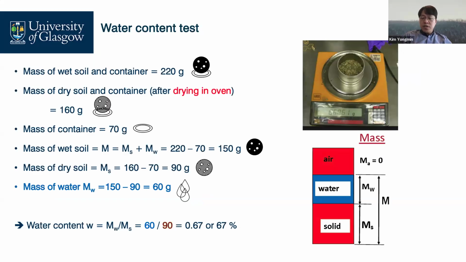We take a soil sample right after your Atterberg limit tests. We can follow this process. Please make sure that a plastic container is used to carry the soil sample to the lab to avoid moisture loss.